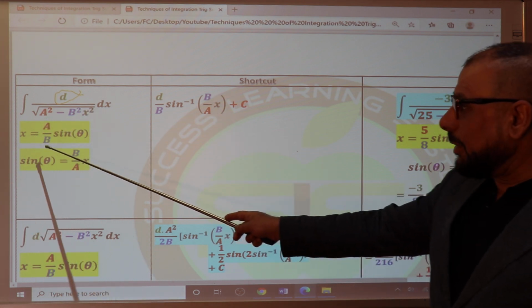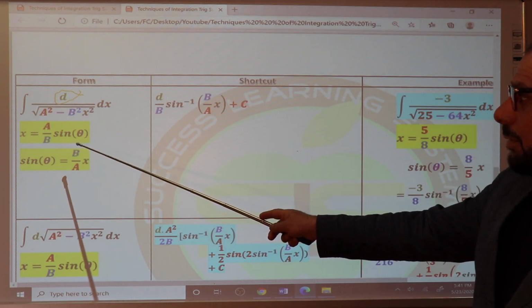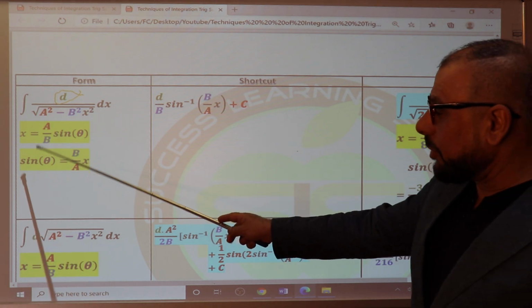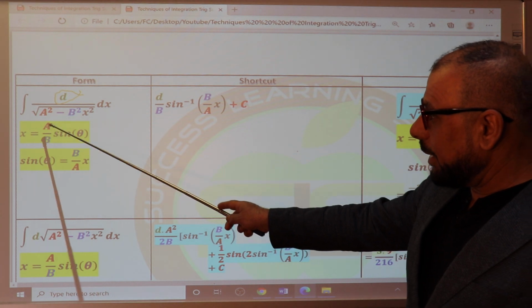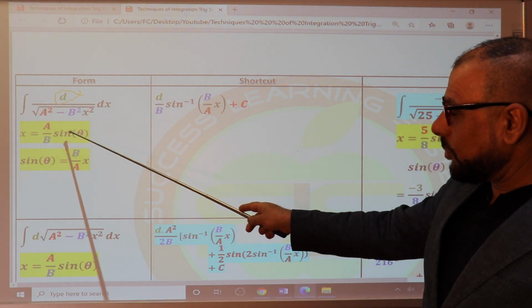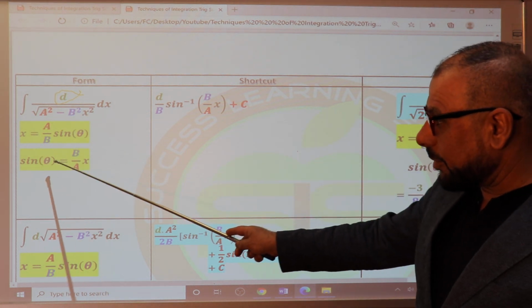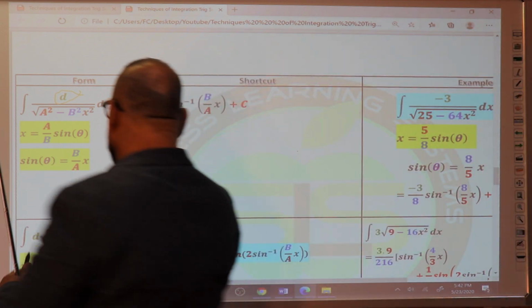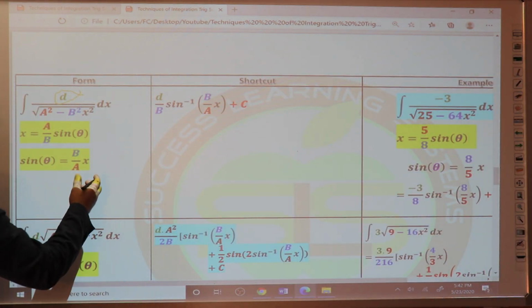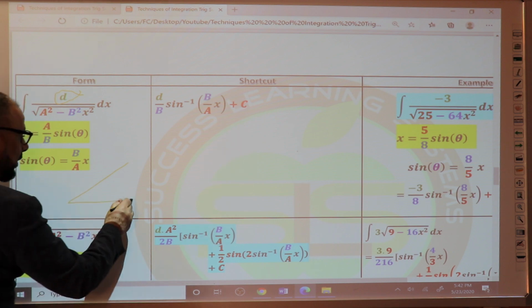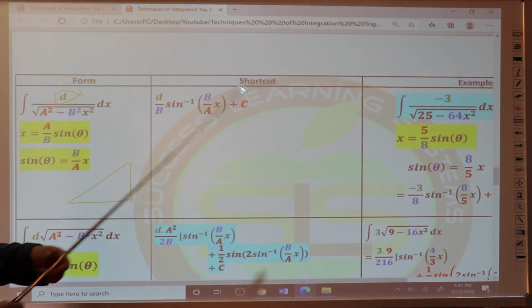And my trig substitution will be x equals a over b sine theta. If you solve for sine theta, it equals bx over a. And the associated triangle, you have to have a triangle, a graph here.